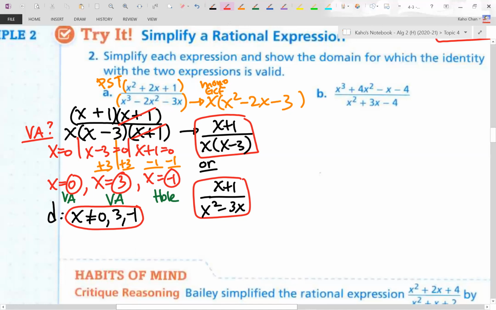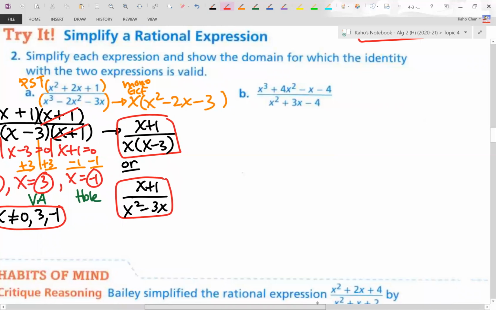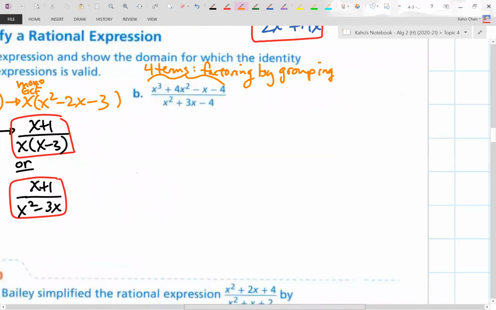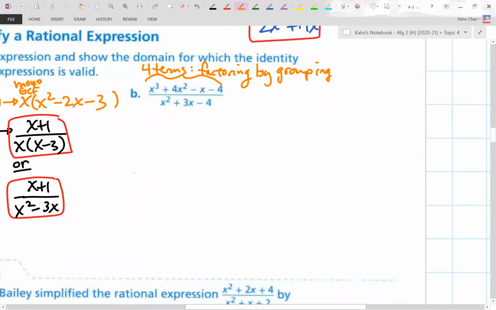Let's take a look at letter B here. Uh-oh. Now, I already see this as something that a lot of you have not seen in a long time. Factor by grouping. There are 4 terms on top. One of the suggestions that we have kids do is factor by grouping. Back when I was a kid, we would line them up and split them in half and then factor a GCF from each half, blah, blah, blah.